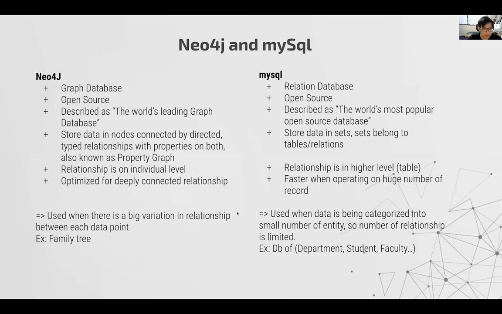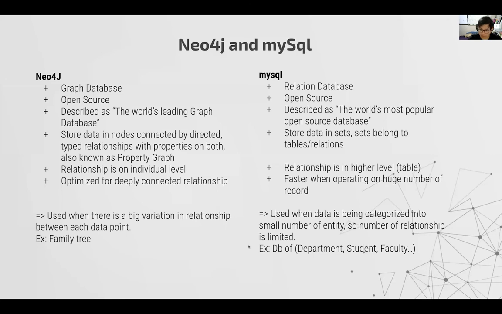So when to use Neo4j and MySQL? We use Neo4j when there is a big variation in relationships between each data point. For example, in a family tree, where each member of the family is connected to another member, with different relationships. And MySQL will be used when data is categorized into a small number of entities, so the number of relationships is limited.